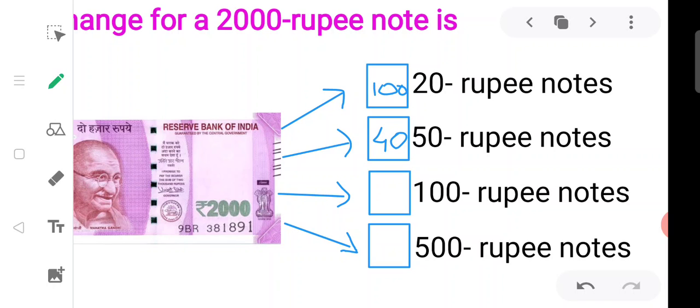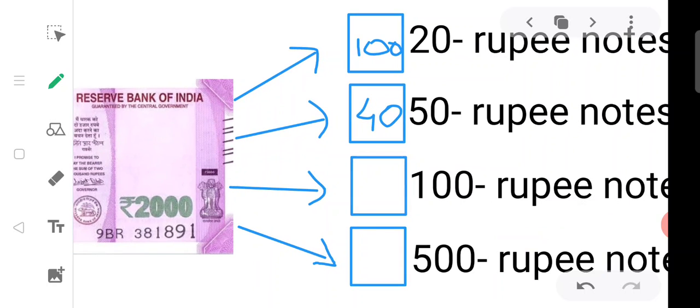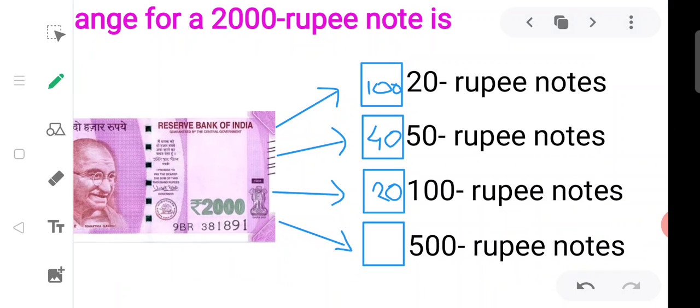Now the next one is 100 rupee notes. 100 rupee notes means 100. So how many notes of 100 rupees do we need for 2000? We need 20 notes of 100 rupees for a change of 2000.